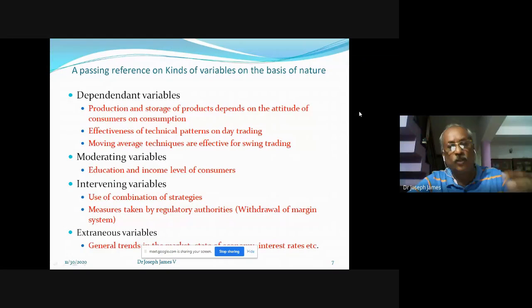Even though there is no direct relationship and only an indirect relationship, this is an intervening variable that is also to be considered. And another one is extraneous variables, that is the general trends in the financial market, like growth in GDP, interest rates, etc., which affect from the external side. Such variables are known as extraneous variables.